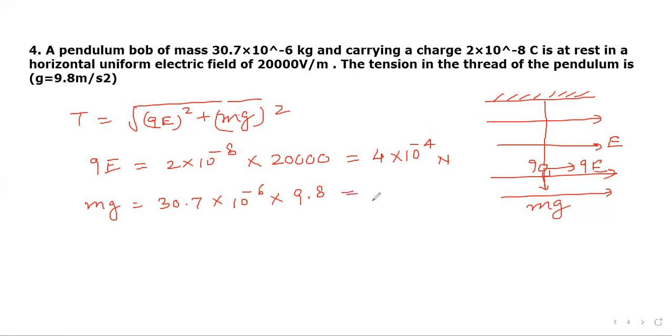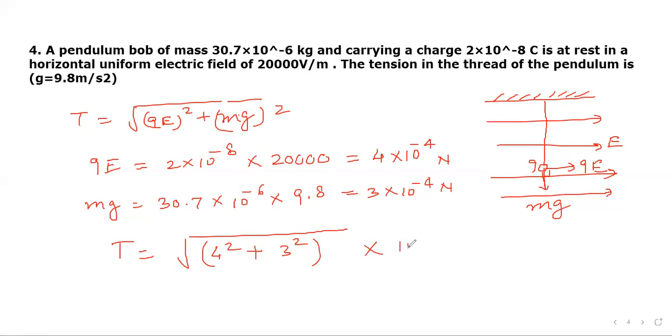Which will give around 3 into 10 power minus 4. Now the net force will be equal to the tension, which is 4 square plus 3 square, multiplied by 10 to the power minus 4, which is equal to 5 into 10 to the power minus 4 Newton.